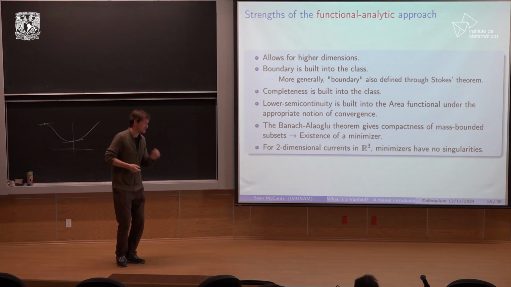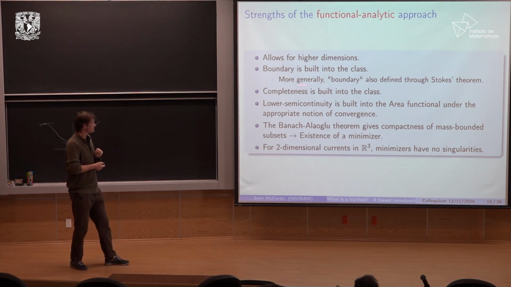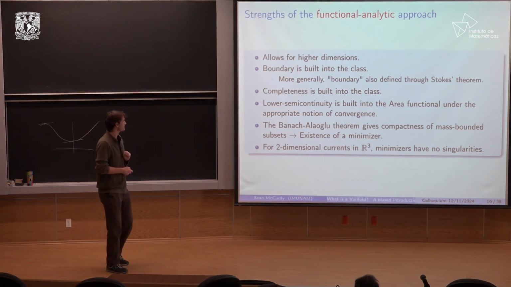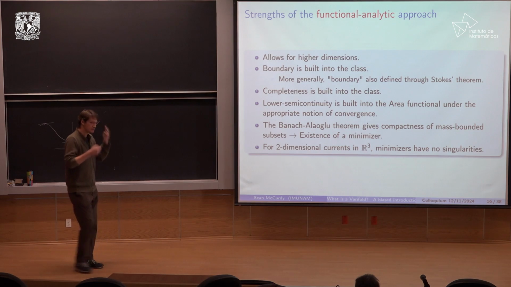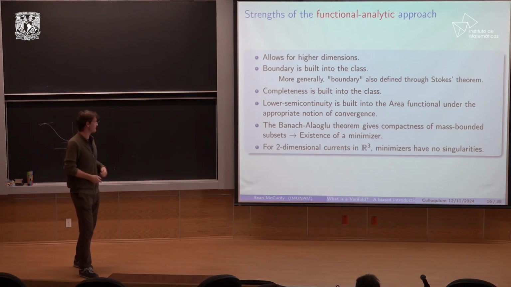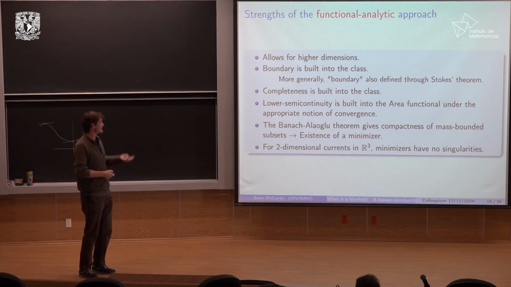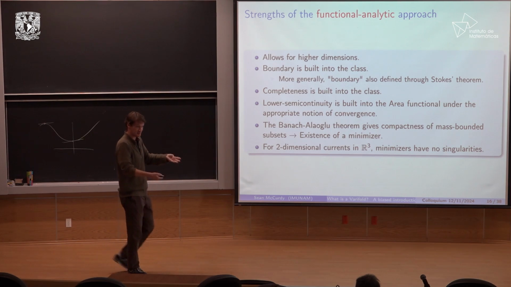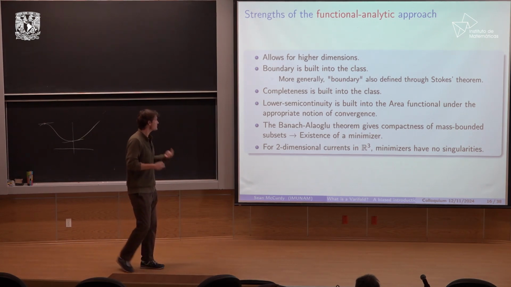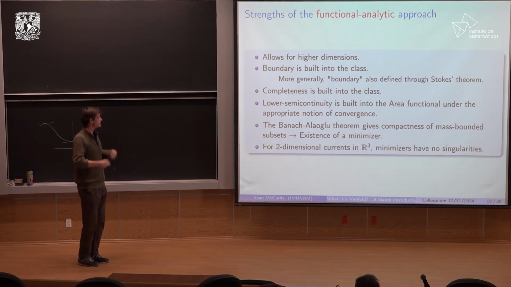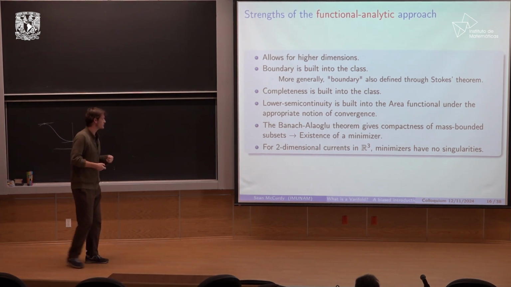For technical reasons, you could also phrase the boundary through Stokes' theorem, but I'm not going to get into current theory at the moment. Completeness is built into the class. We built it to be complete by taking the completion. Lower semi-continuity is built into the area functional. That's how we defined it to be lower semi-continuous. So there's a lot of beautiful natural structure to the framework to approach the problem.